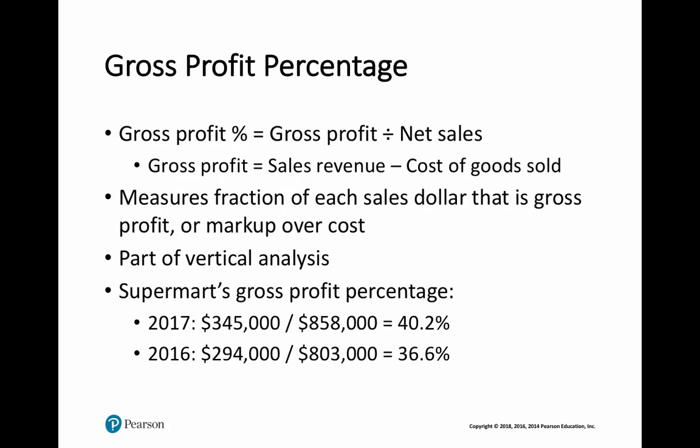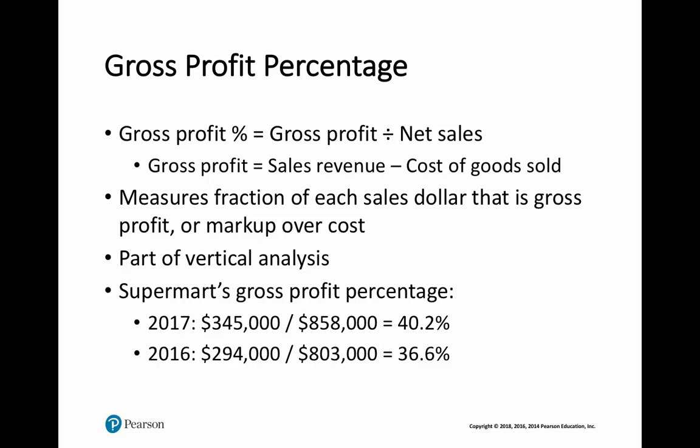So our gross profit percentage, just like we had with our contribution margin percentage, is our gross profit divided by our net sales. The gross profit, just like with our contribution margin, was our sales revenue minus our cost of goods sold. And here it tells us what fraction of each sales dollar is gross profit, or markup over cost.